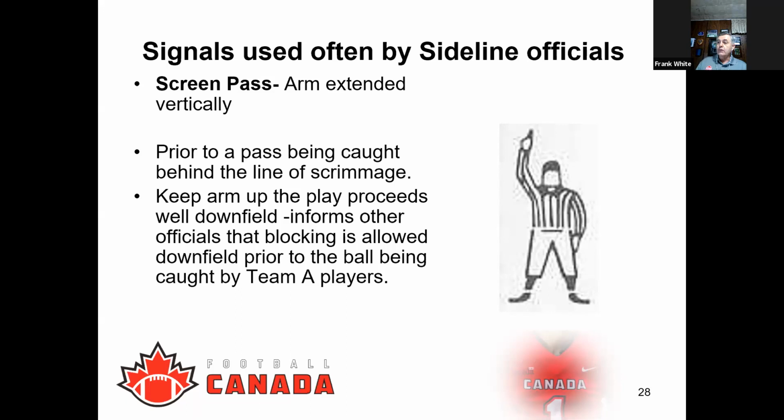And so the deeper officials or even your umpire don't know where the ball was caught. As a line of scrimmage person, you actually are the one that's going to see where the ball is caught, and therefore you signal that it's a screen pass, and lets everybody else downfield know that blocking is allowed and they don't throw a flag.